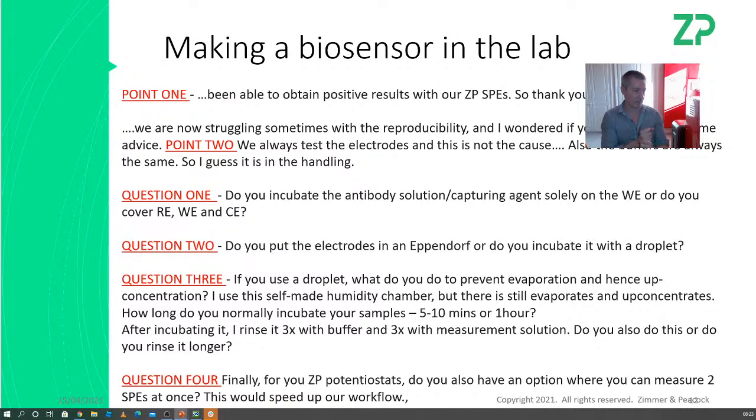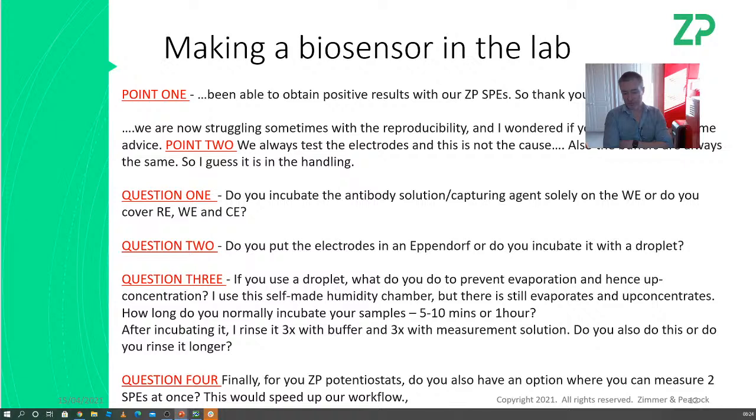That's a good lesson. We tend to drop coat the sensors, so we pipette down, we don't dip coat. We control the rate of evaporation. If you don't control the rate of evaporation, you'll end up having variable sensors. Also, when we're doing biosensor development, we're not testing one sensor at a time.